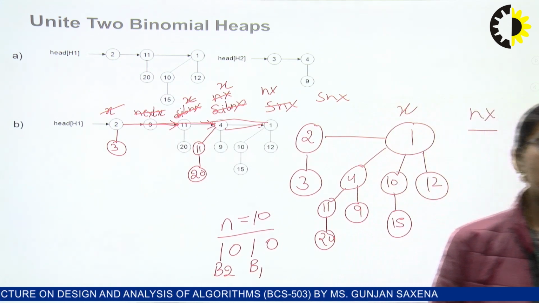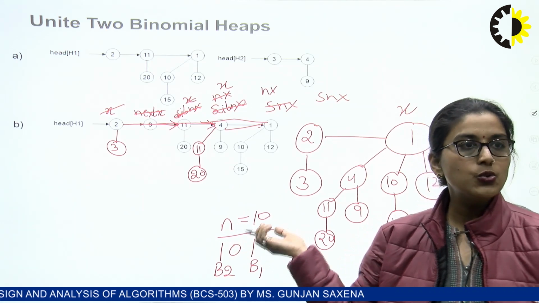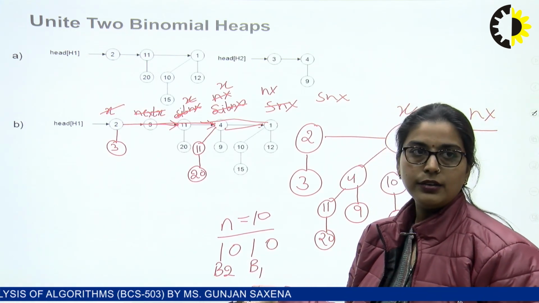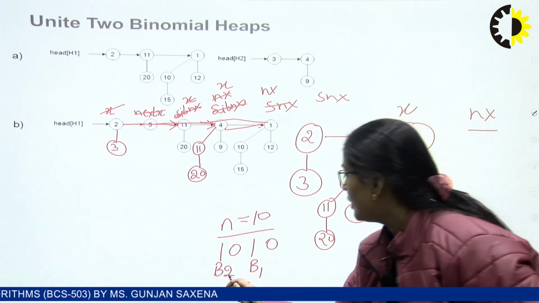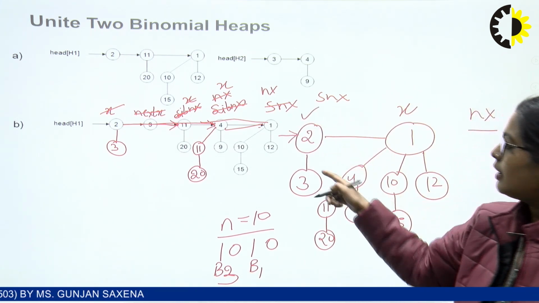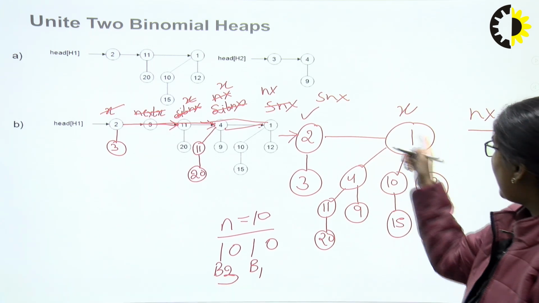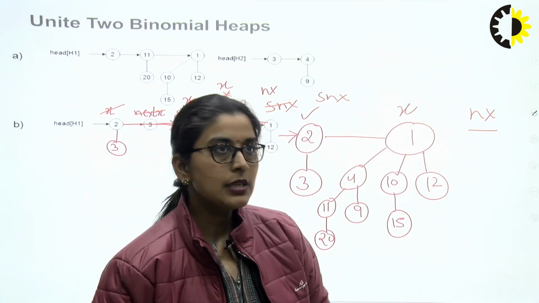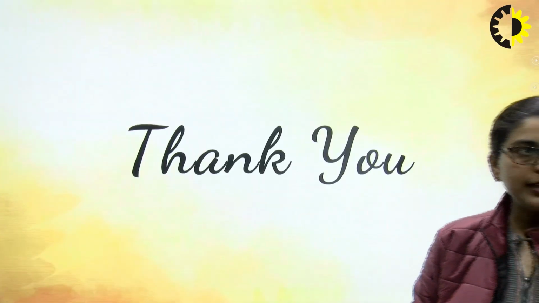For n equals 10 nodes, we have exactly two binomial trees, which are ordered B1 and B3. So this is the proof: one tree which is B1 and another one which is B3. So this is how we unite two binomial heaps.